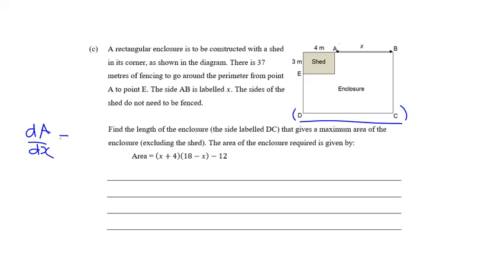So in the end, you're going to have to find dA by dx. You're going to have to solve for when that equals 0. If you see in this test maximum area written down, what might you do?